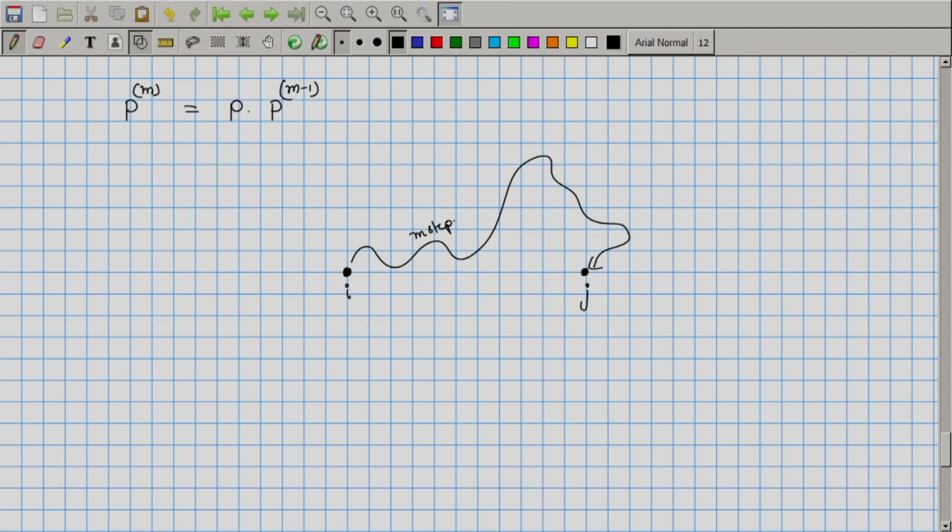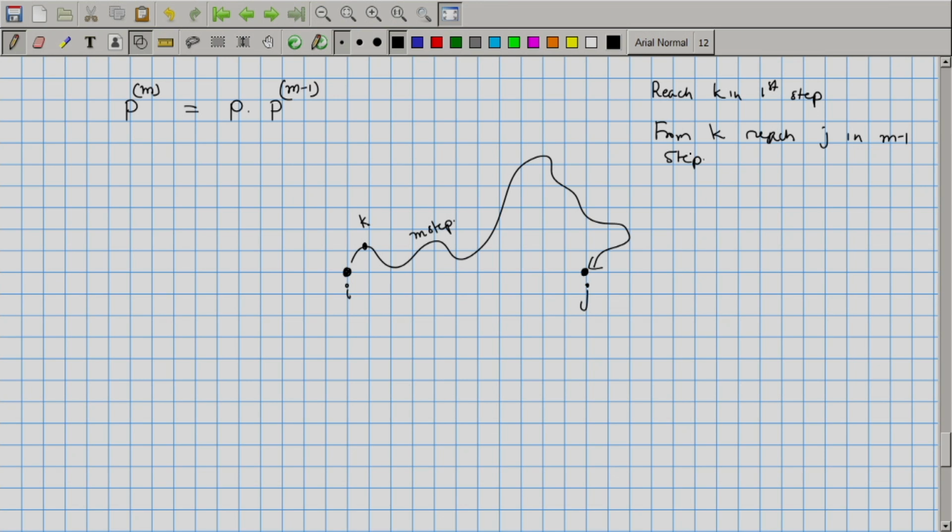We could do this by choosing our first step: we go to some particular vertex k, and then from k we have to reach j. Reach k in the first step, from k reach j in m minus 1 steps, and this k could be any vertex or any state in the Markov chain.